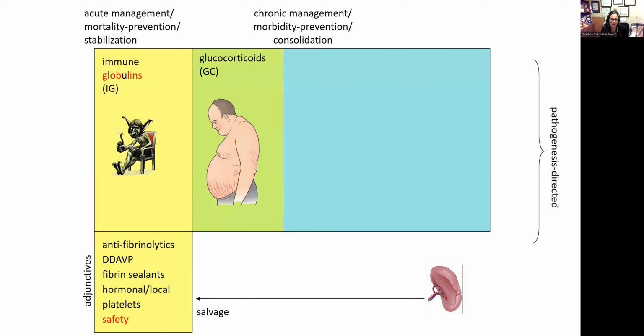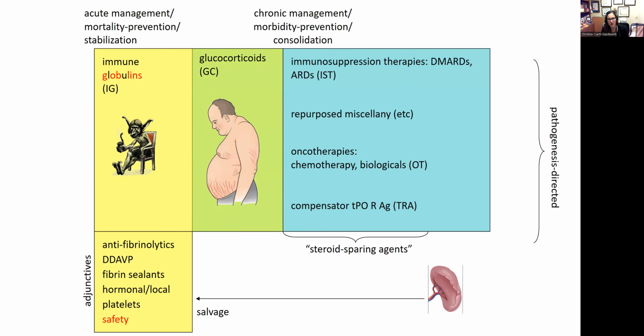And the glucocorticoid patient is suffering many sequelae, and so we are reaching for these off-label drugs. So, immune suppressants, disease-modifying anti-rheumatic drugs, anti-rejection drugs, immune suppressant therapies used in transplant patients.